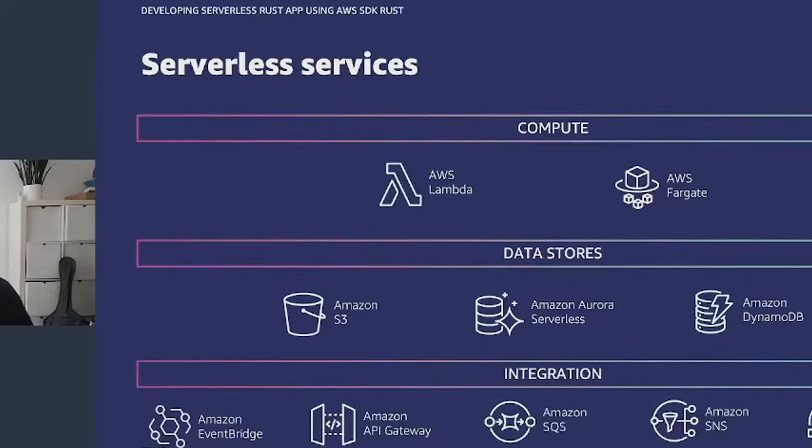There are also quite a few integration services that let you build event-driven architecture like EventBridge, SQS, SNS. We also have API gateways for you to build REST APIs or WebSocket APIs. We have step functions for orchestrating workflows. So these are all serverless services that you don't need to manage the underlying infrastructure yourself.